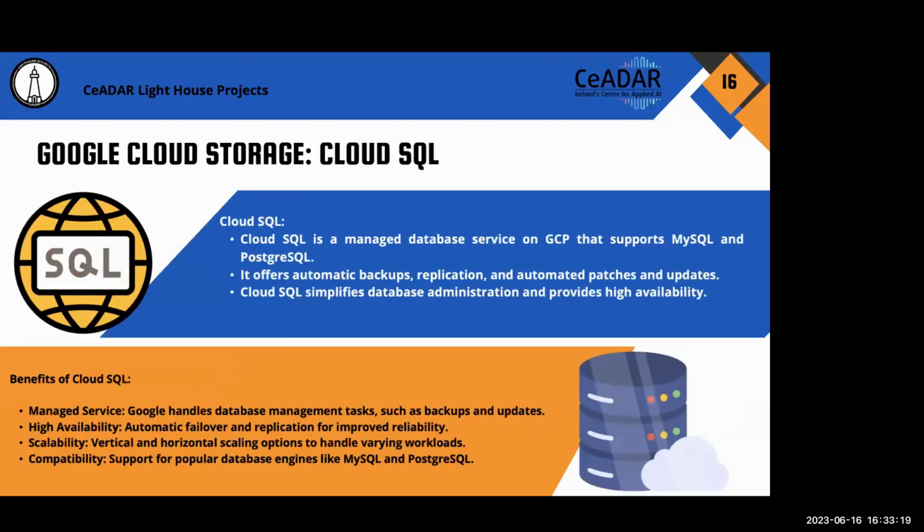Next we are going to talk about Google Cloud SQL. SQL is a managed database service which supports PostgreSQL, and it has backup features, with automatic patching and upgrades available. It provides database administration and high availability.